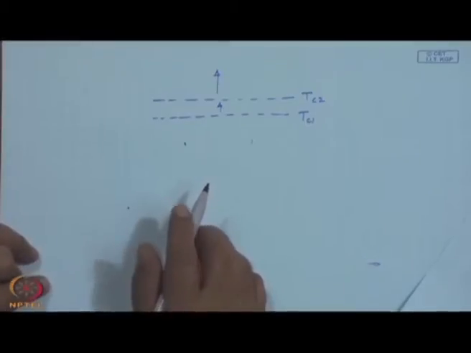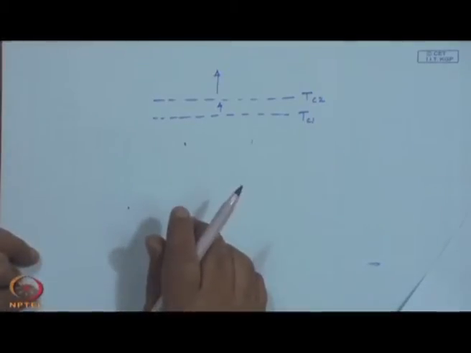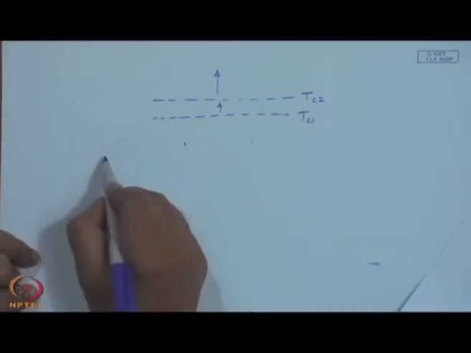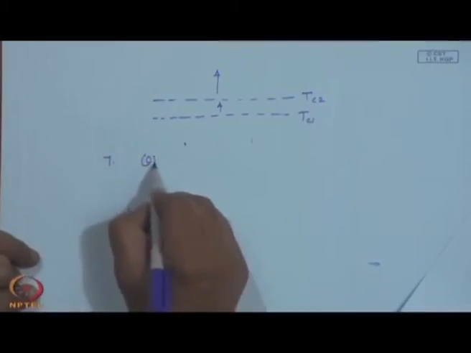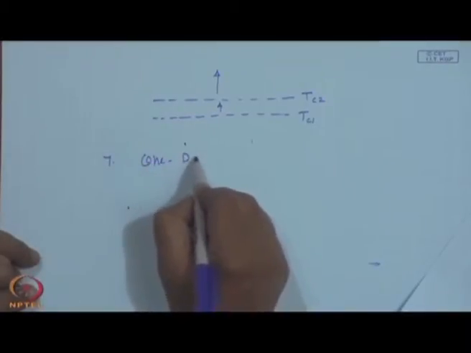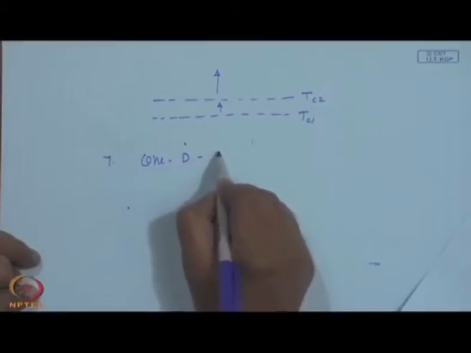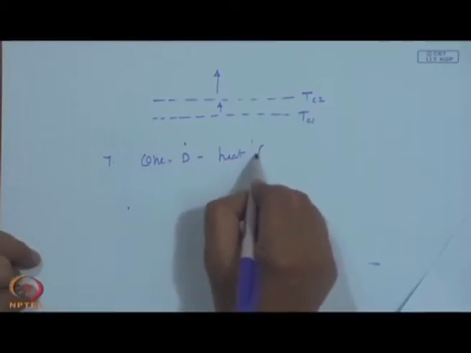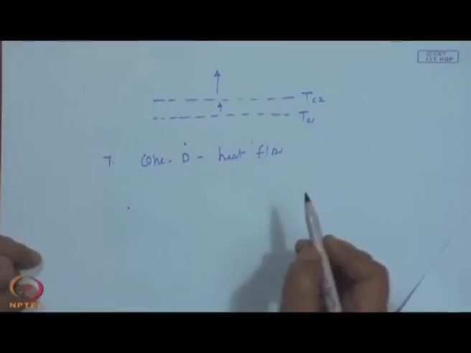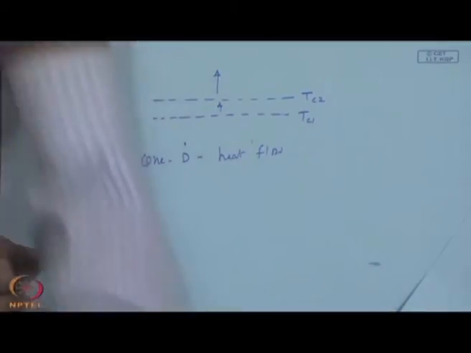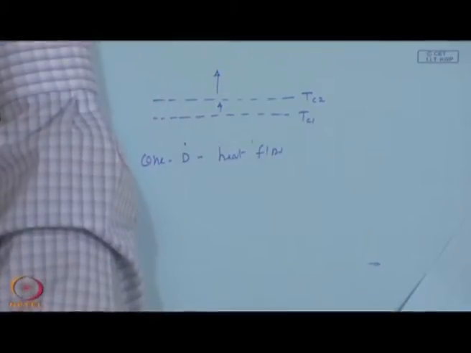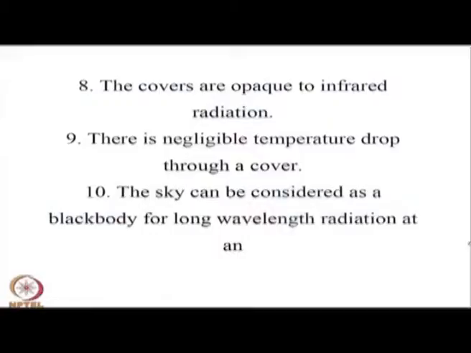Similarly, there is one-dimensional heat flow from the back insulation. So, in general I can say there is only one-dimensional heat flow either to the top or to the bottom. The covers are opaque to infrared radiation.